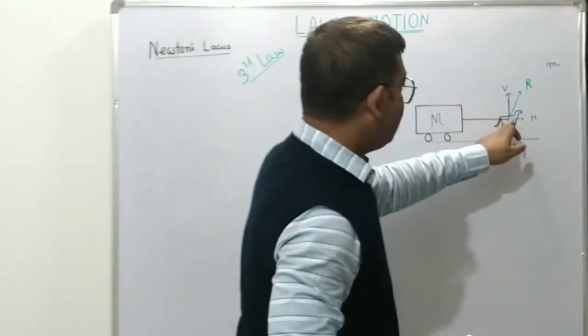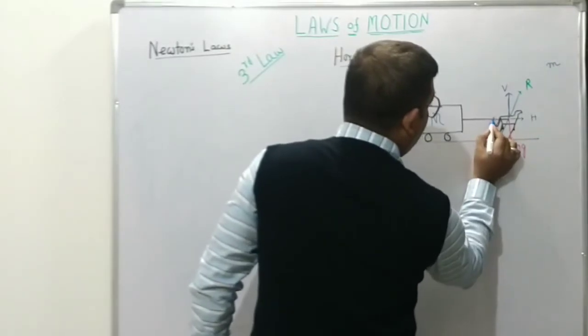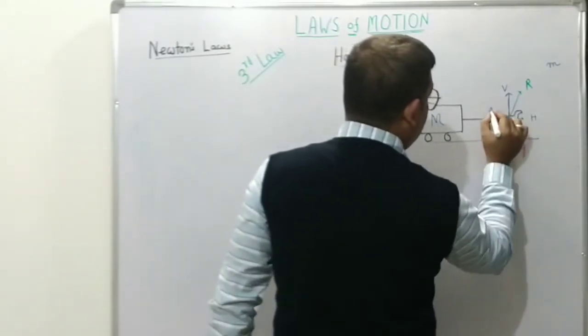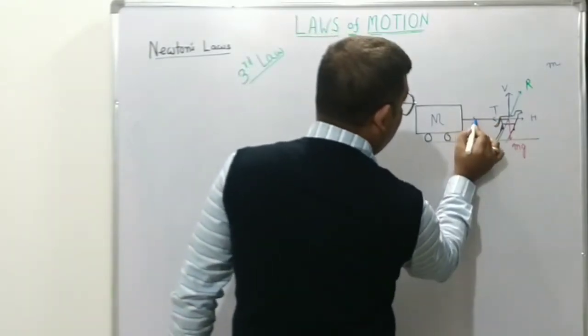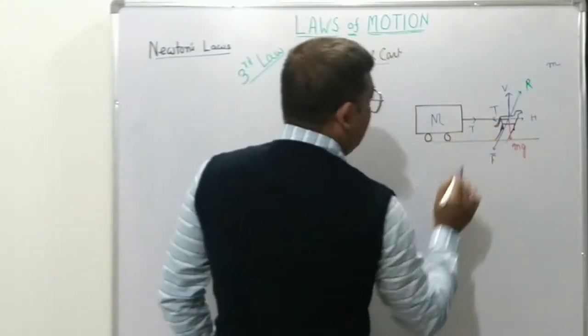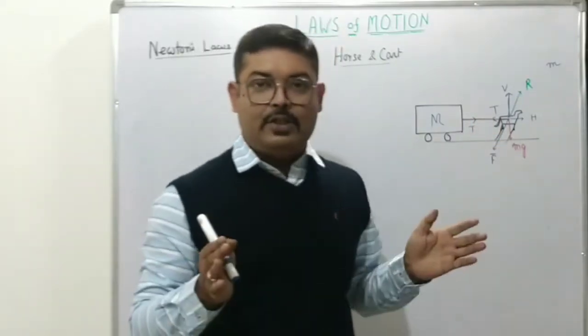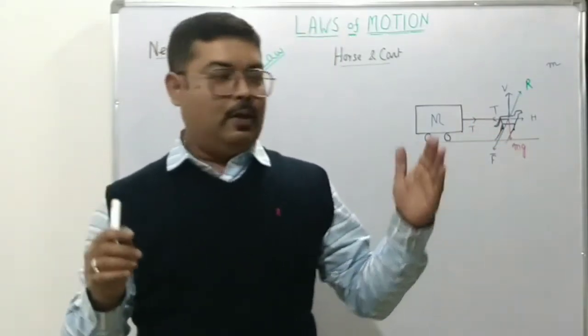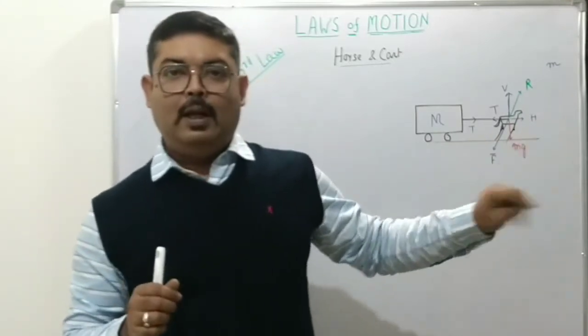Now, since a force is applied on this particular string, there will be a tension developing in the backward direction, and this will also pull the cart in the forward direction. These two will have equal magnitudes, because in the case of any string, if you apply a force at one end, the other end also will exert the same force.